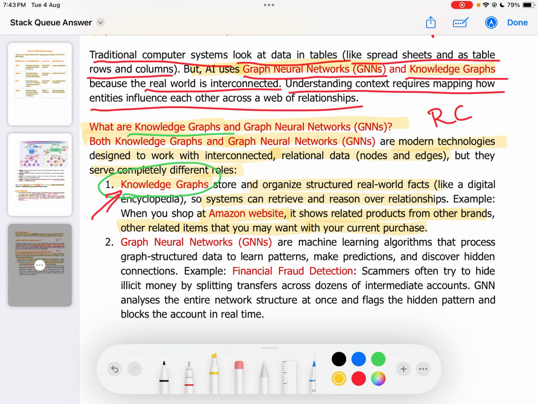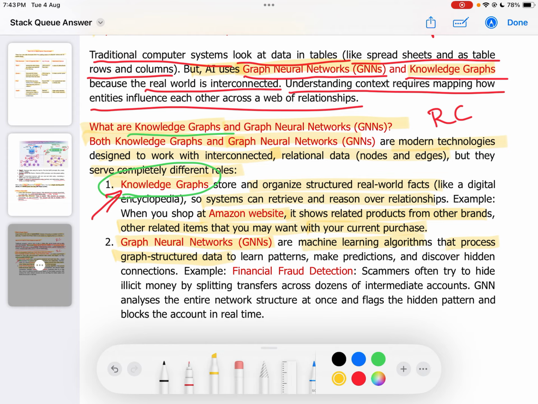Now the second is graph neural networks. What are graph neural networks? These are machine learning algorithms. ML you would have heard of. These are machine learning algorithms that process graph-structured data. Before, we saw the knowledge graph.